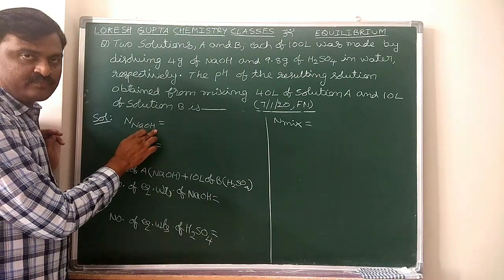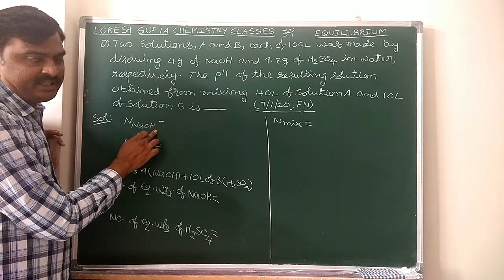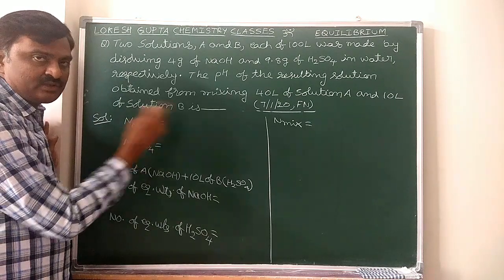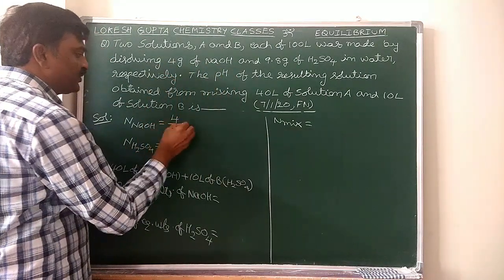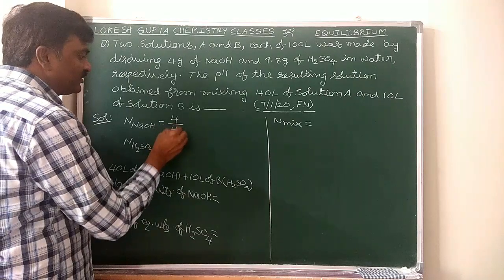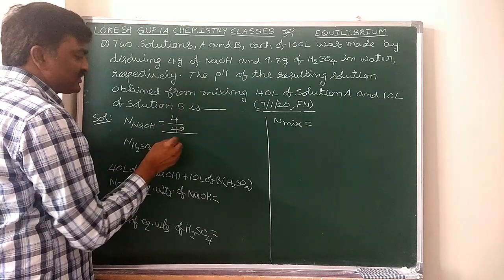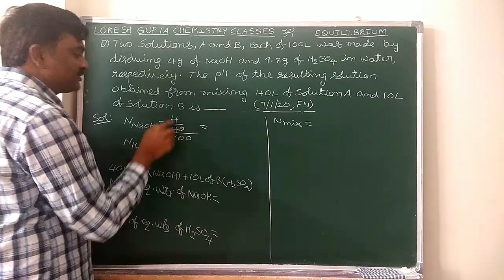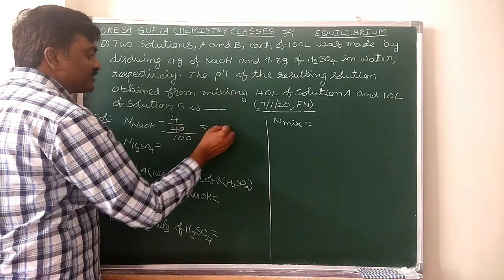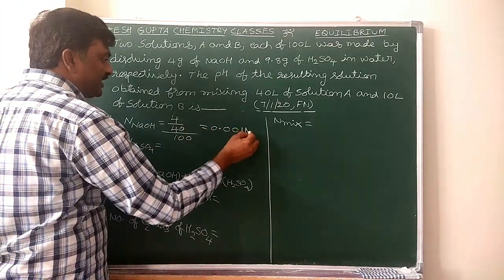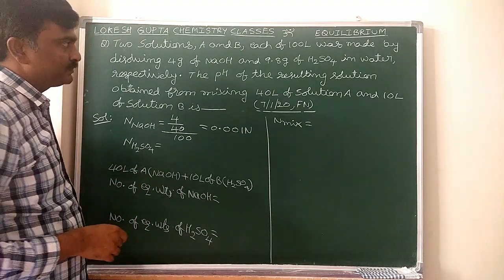Normality of NaOH is the number of equivalent weights of NaOH divided by the volume of solution in liters. Number of equivalent weights is weight by gram equivalent weight: weight of NaOH 4 by gram equivalent weight 40, divided by the total volume of the solution, 100 liters. This is 1 by 10 by 100, which is 1 by 1000, so 0.001 normal. Next, the normality of the sulfuric acid solution.